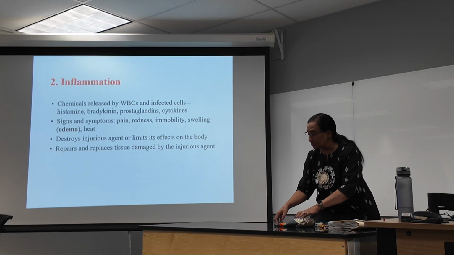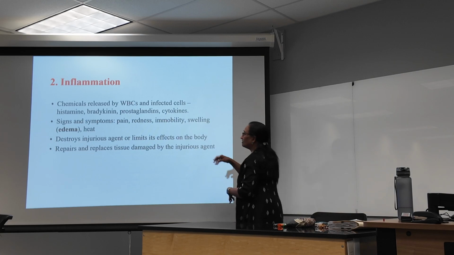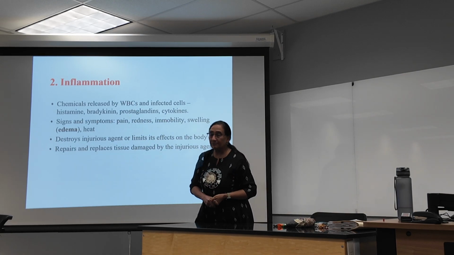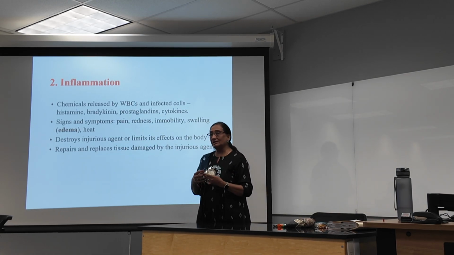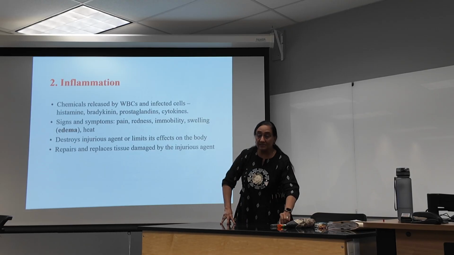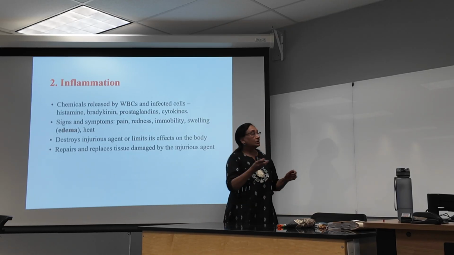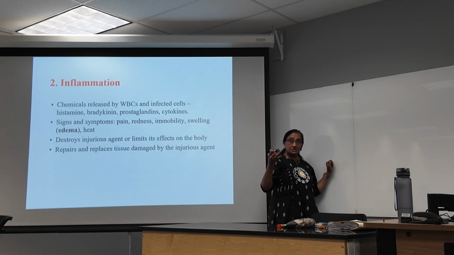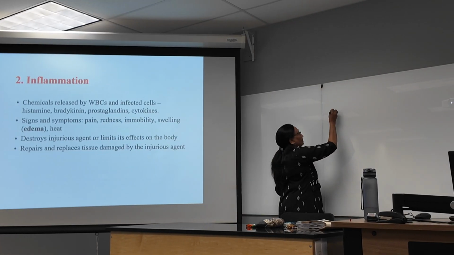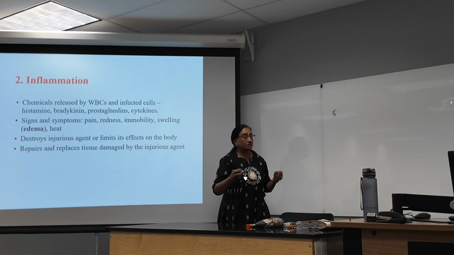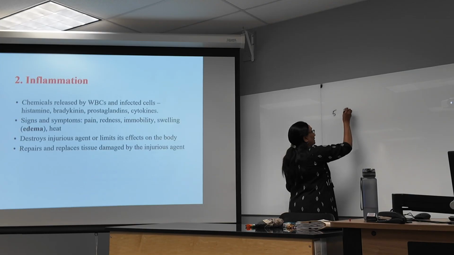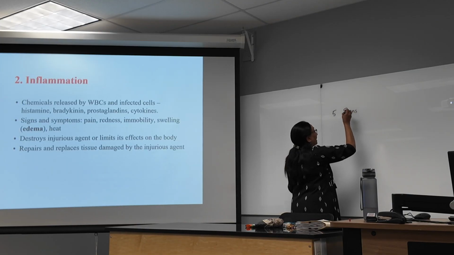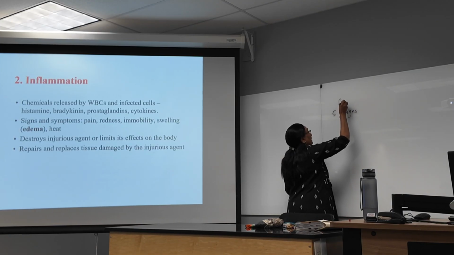So, whenever the tissue is damaged, you will have a lot of chemicals getting released. And these chemicals lead to the signs of inflammation. So, when you start your clinical rotations, or when you start studying pathophysiology, you will learn about this. What are the 5 cardinal signs?